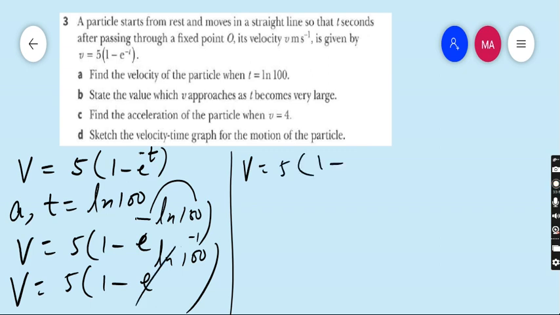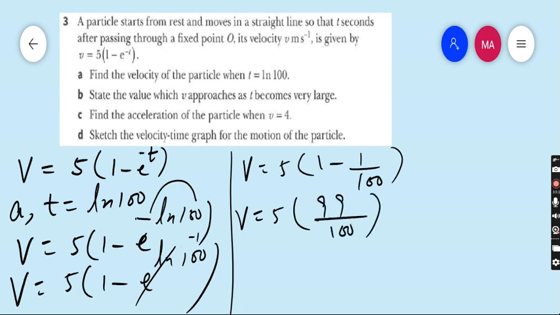Now ln and e cancel. 100 power minus 1 can be written 1 upon 100. 100 ones are 100. 100 minus 1 is 99. 99 upon 100. 5 into 99 upon 100 is 4.95 meters per second.